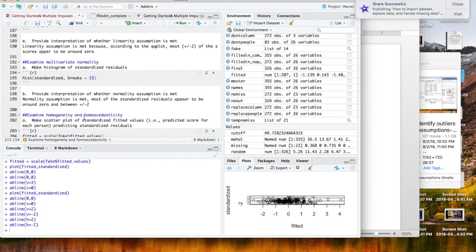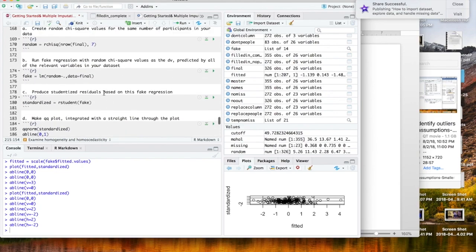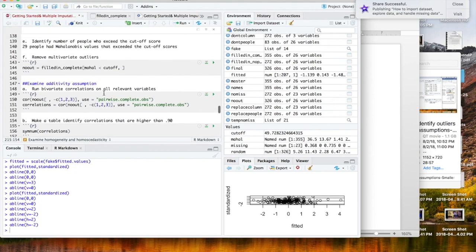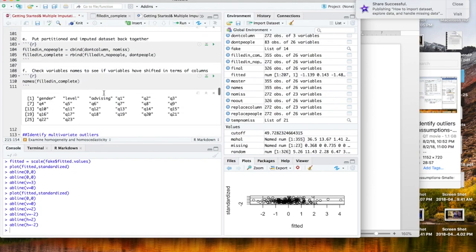So it's good to check these assumptions so that you can get to know your data more intimately and be better able to diagnose things as you run along with your analysis.